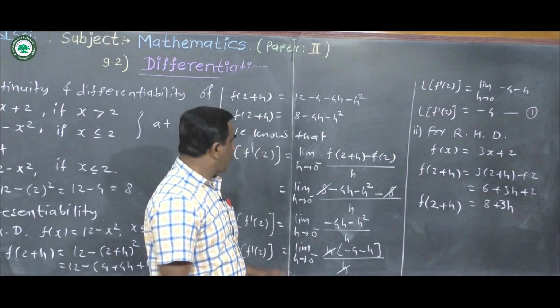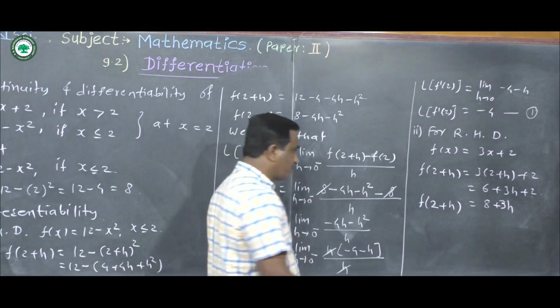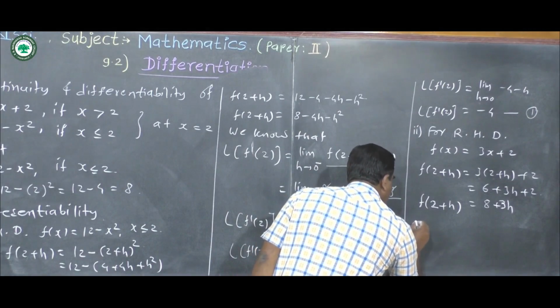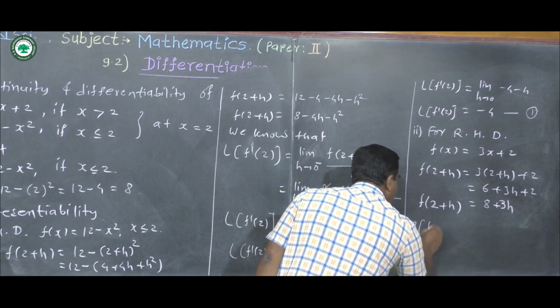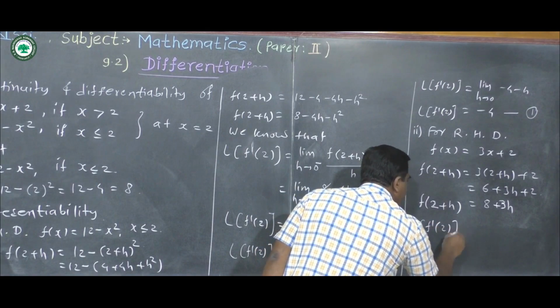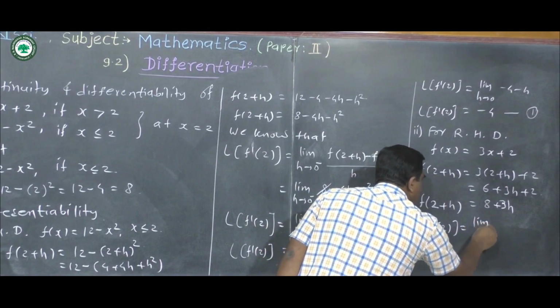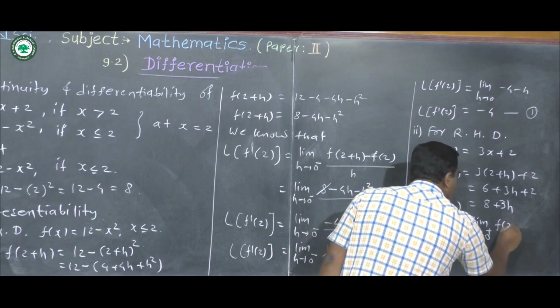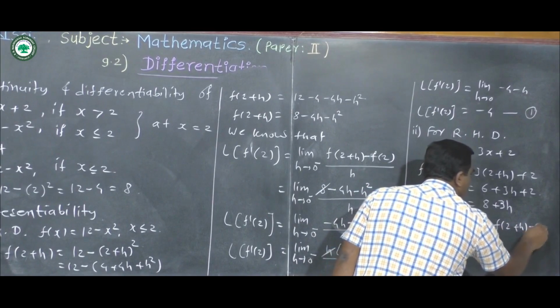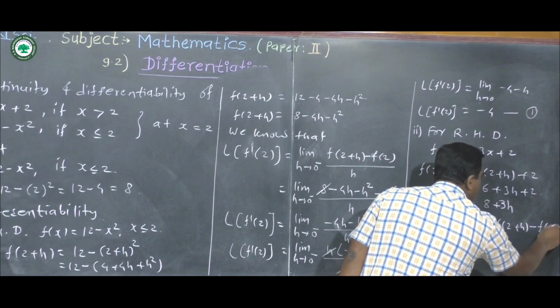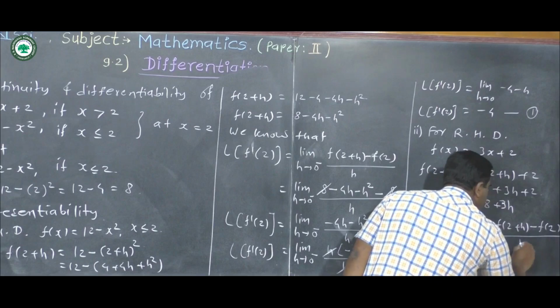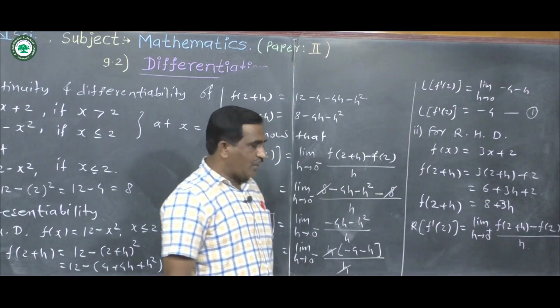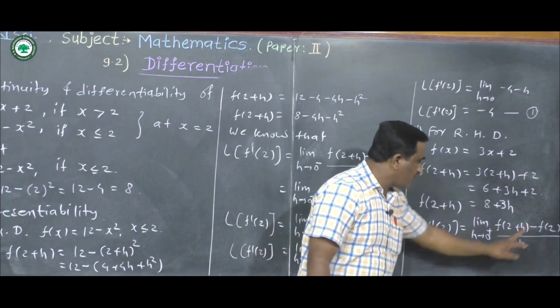Now we use the formula again for the right hand derivative. We know that R of f dash of 2 is equal to limit h tends to 0 from right, f of 2 plus h minus f of 2 upon h. Now put the values of f of 2 plus h and f of 2 here.